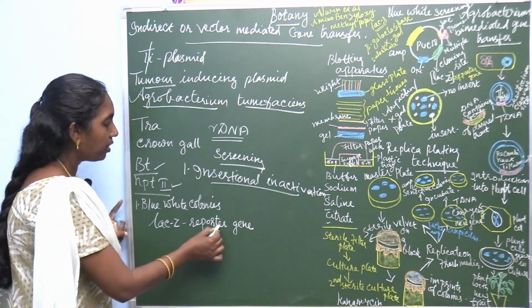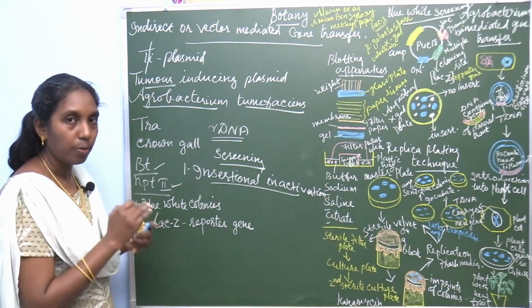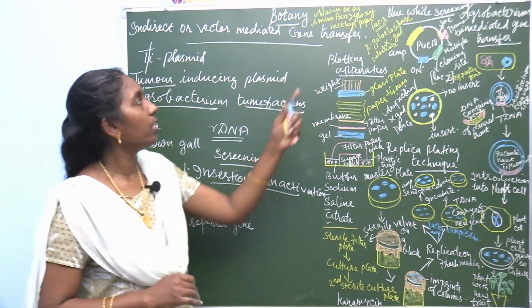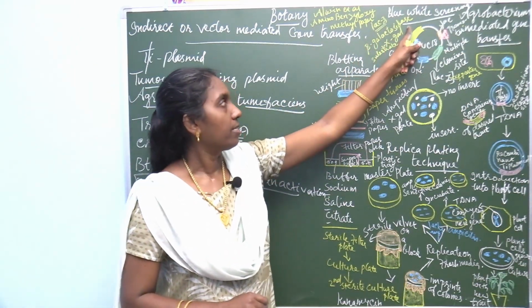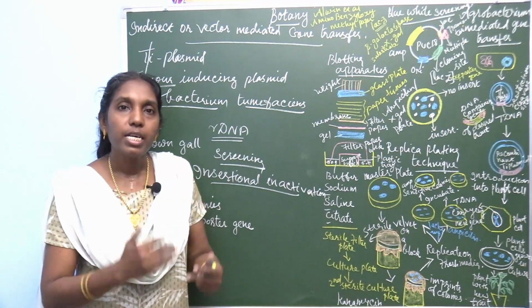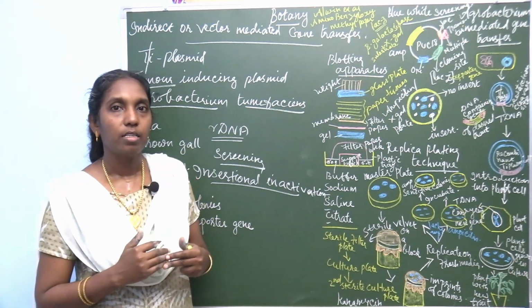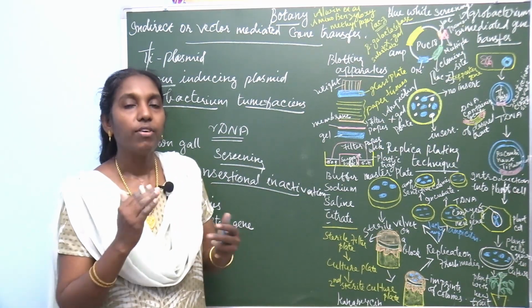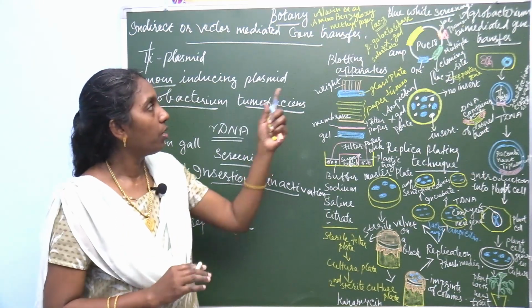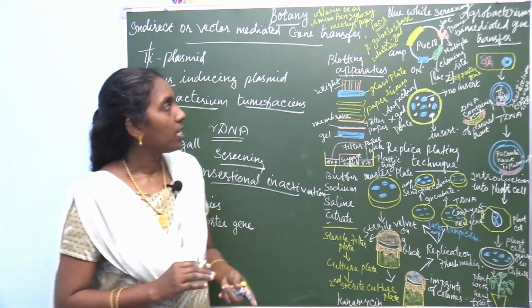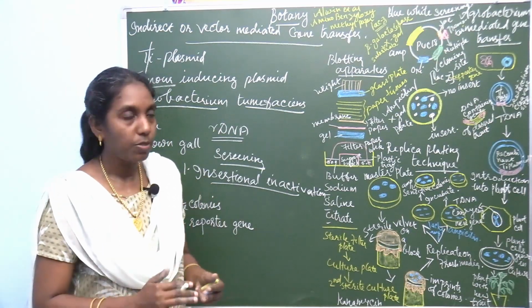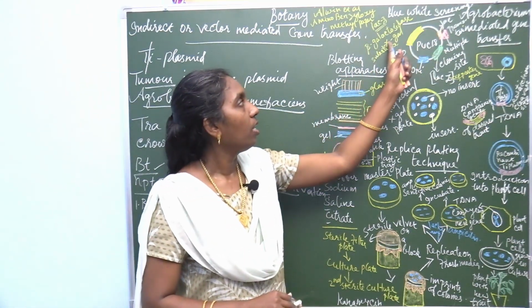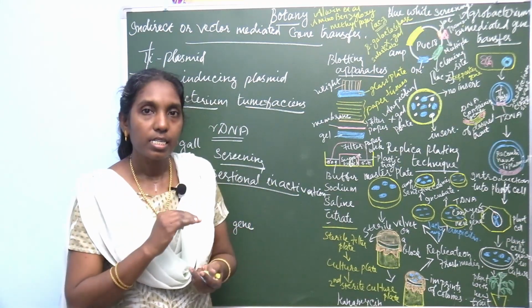This reporter gene encodes a protein, the name of the protein is beta-galactosidase. The function of this enzyme is that it breaks down the substrate X-gal. X-gal is a substrate.